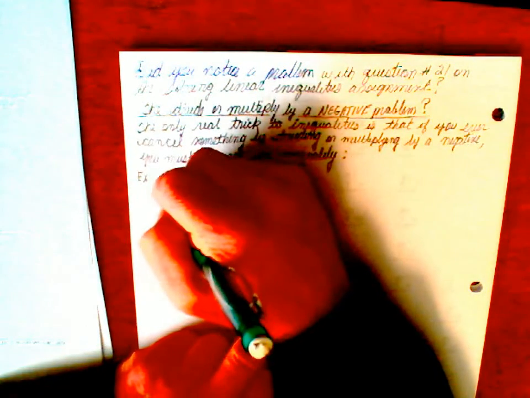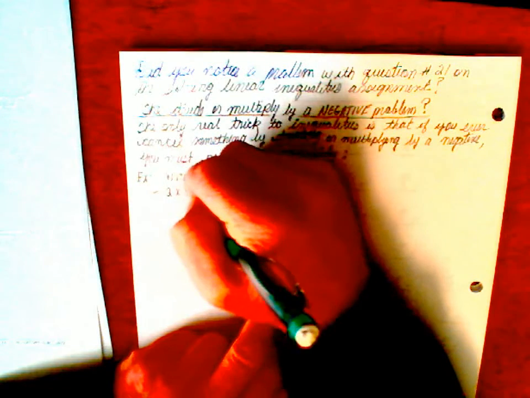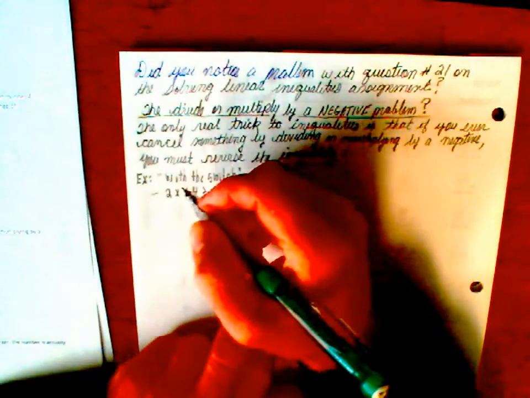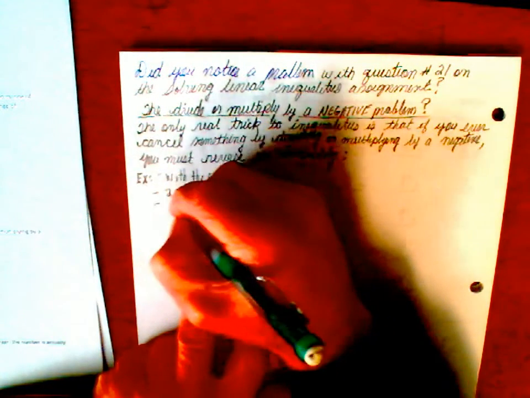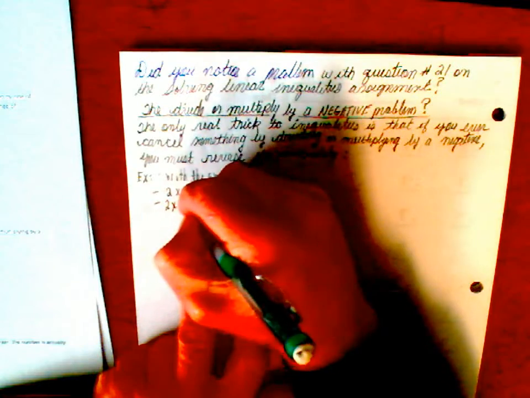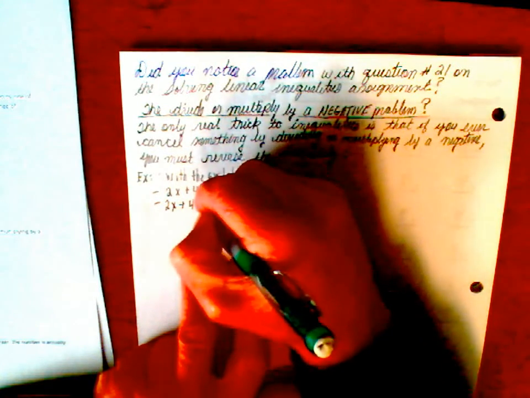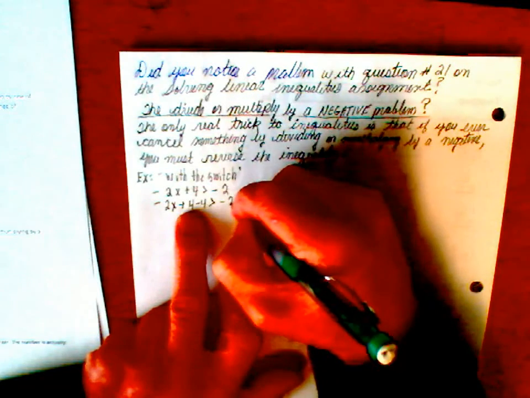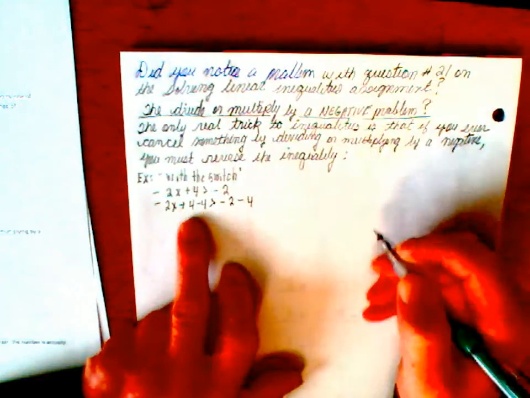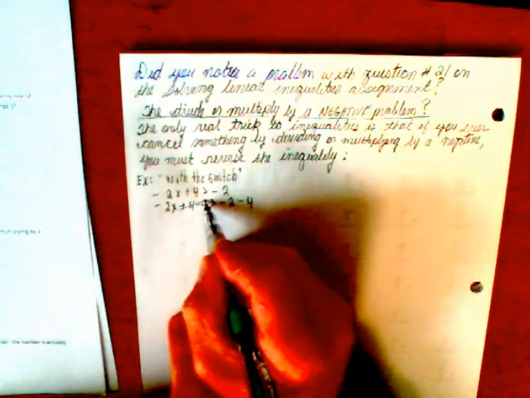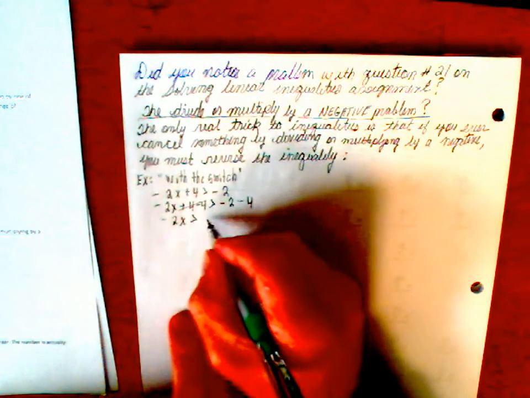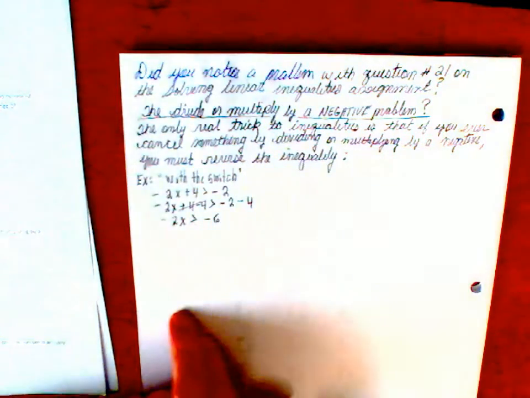So if we had negative 2x plus 4 is greater than negative 2, we would go ahead and subtract 4 from both sides. There's to cancel, and there's to balance. So we end up with negative 2x is greater than negative 6.